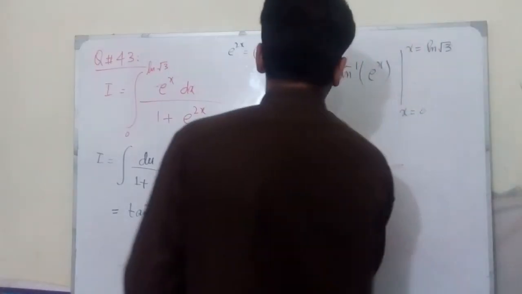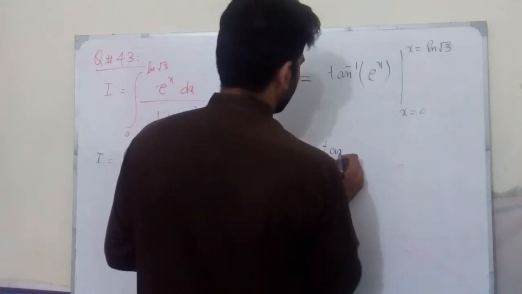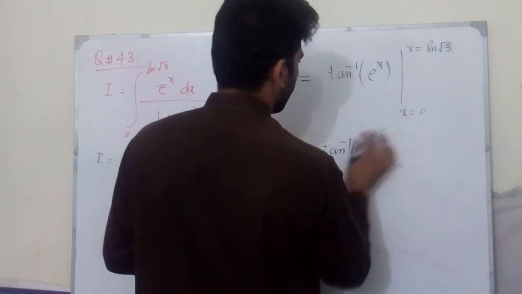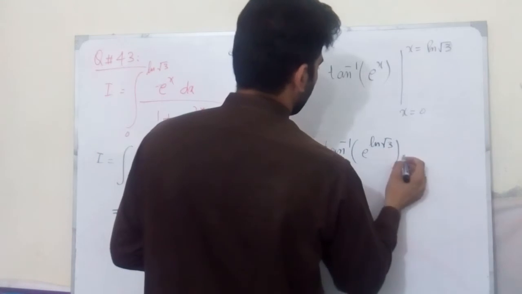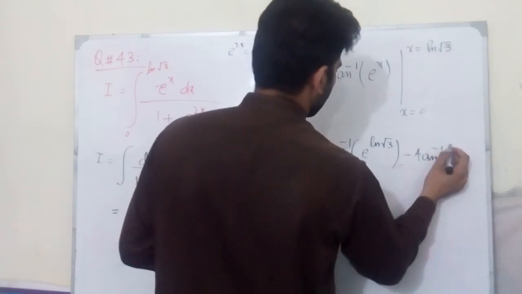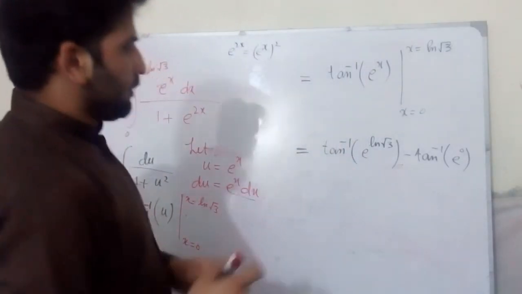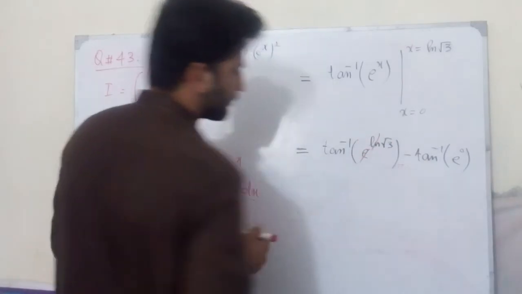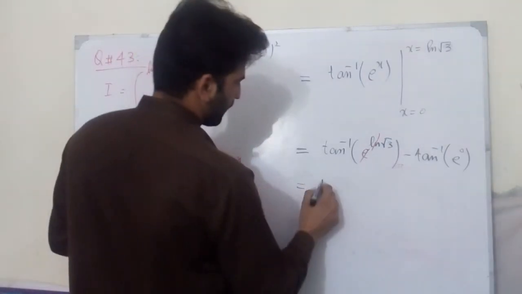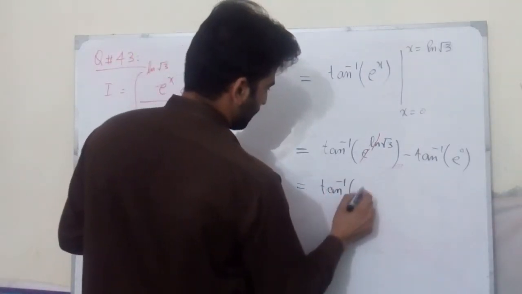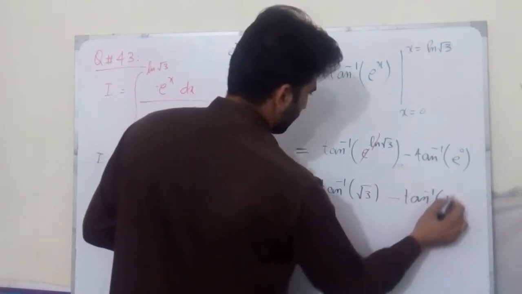So this will be equal to tangent inverse of e power x at natural log root 3, minus tangent inverse of the lower limit e power 0. So this will be cancelled out. So tangent inverse of under root 3 minus tangent inverse of 1.